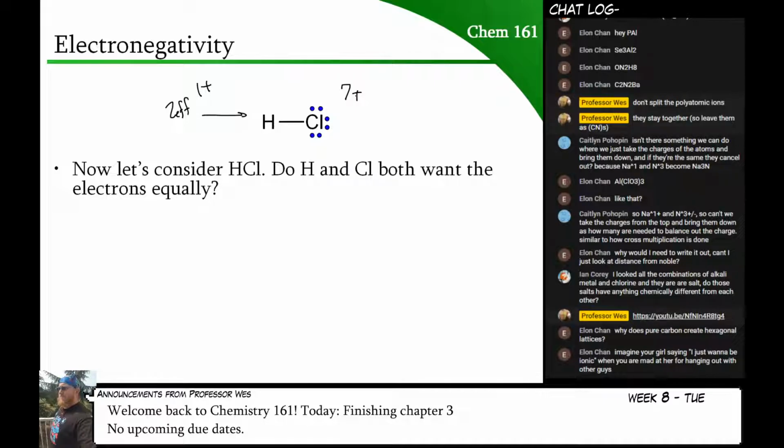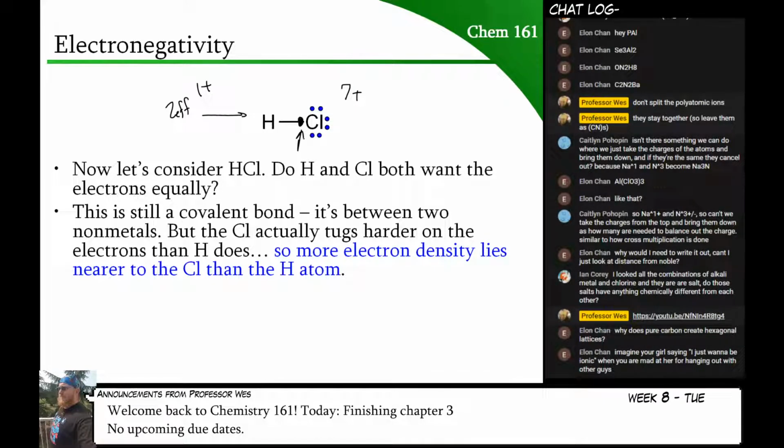Chlorine is going to pull way harder on the electrons, and so the electrons are going to end up closer to chlorine than they are to hydrogen. So the electron density is going to be more around chlorine, but the electrons are still shared.